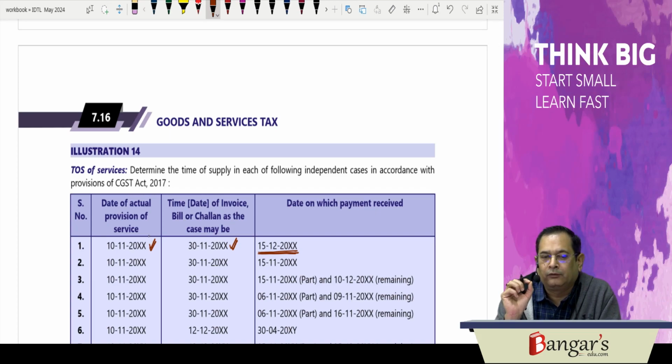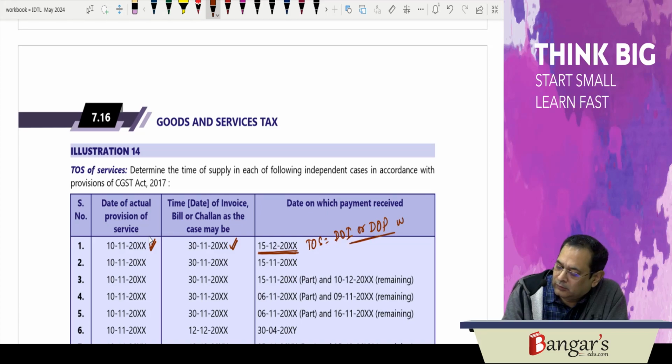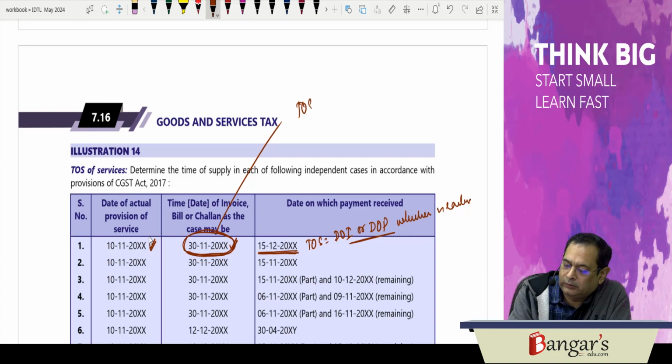So here, since the invoice is issued within 30 days of provision of service, what will be the time of supply? Time of supply is the date of invoice or date of payment, whichever is earlier. So time of supply in this case will be 30/11.